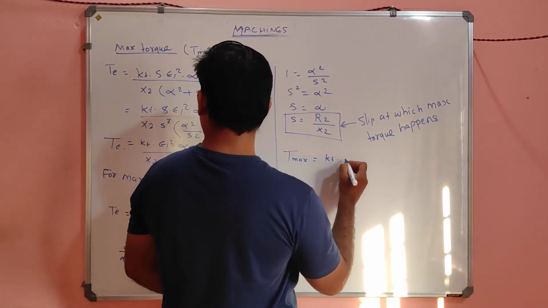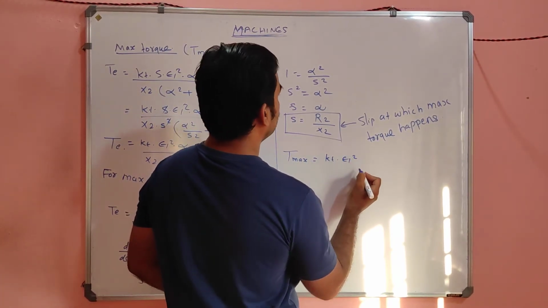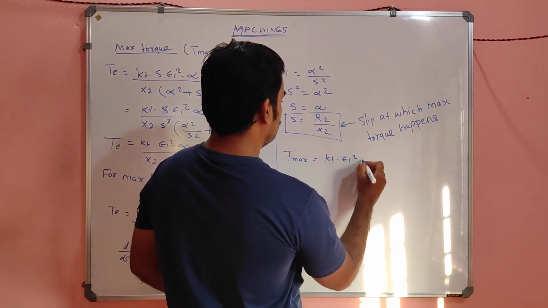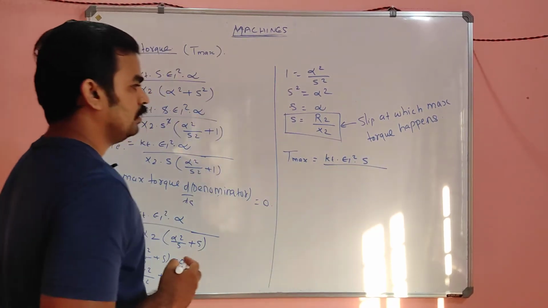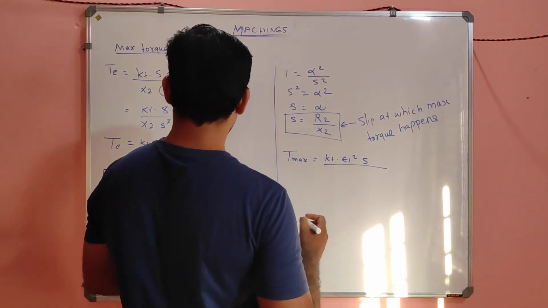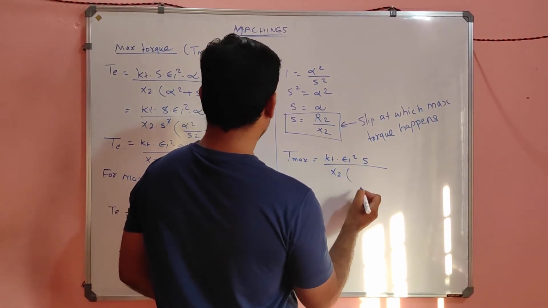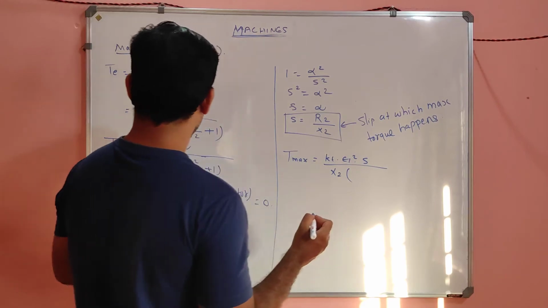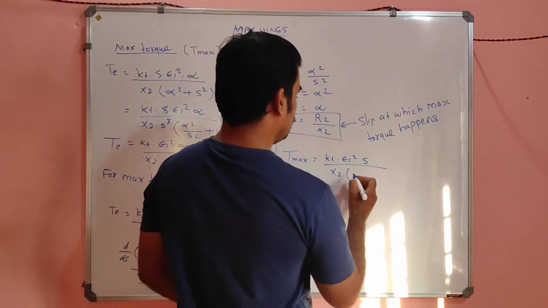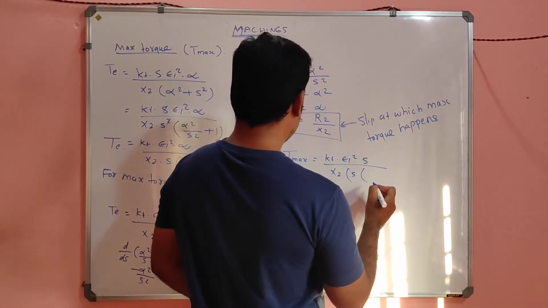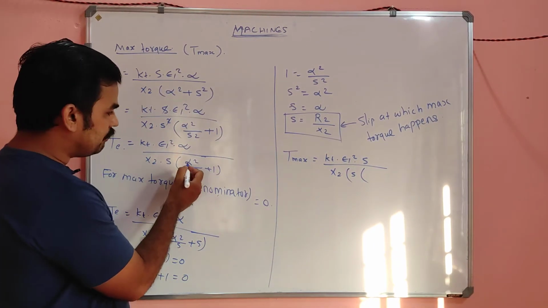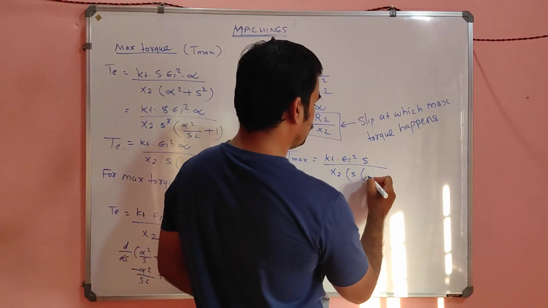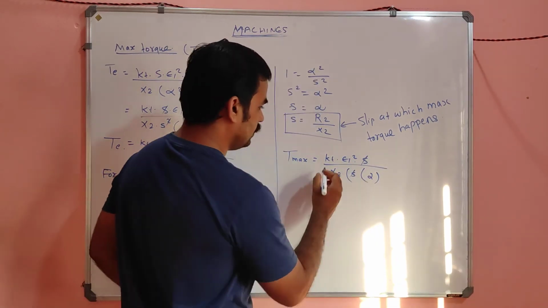KT into E1 square, alpha is nothing but S, correct? S divided by x2 into S, again S into alpha is again S, so S square by S square plus 1, and S and S cancel.